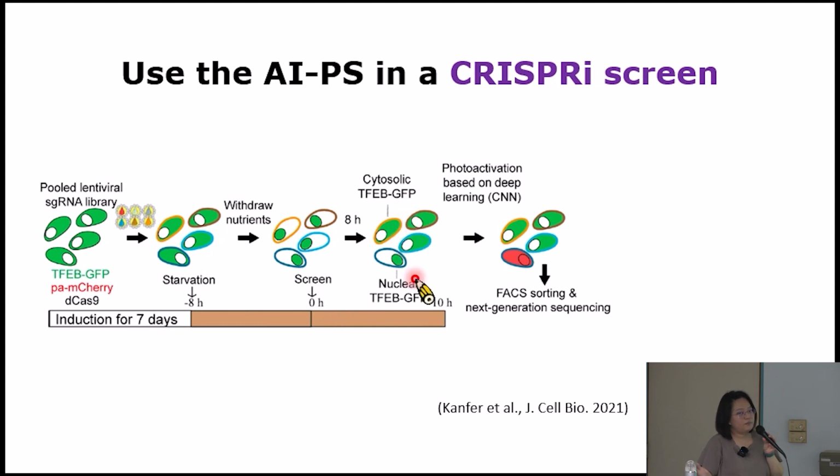They use the same AI system I mentioned in the last slide to identify these cells with nuclear TFAB-GFP, and then they can photoactivate them, use FACS sorting to isolate these cells, and then analyze them by next generation sequencing.